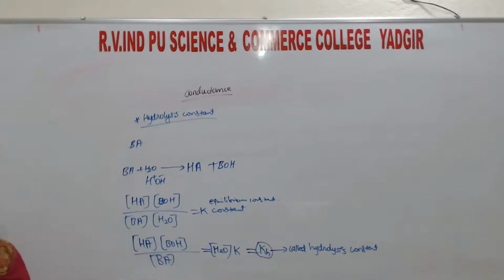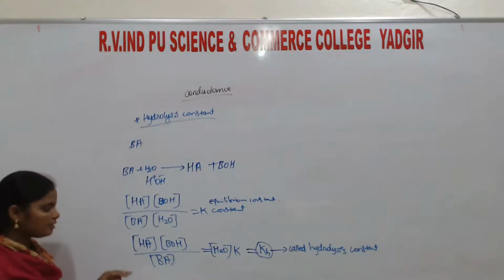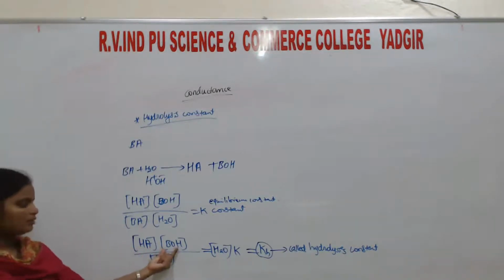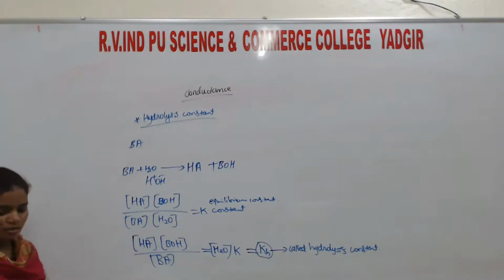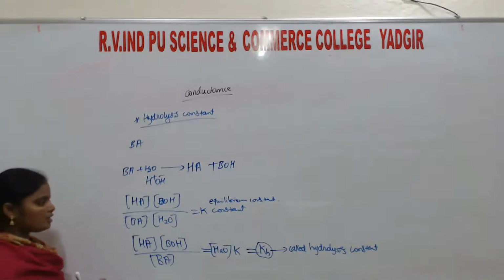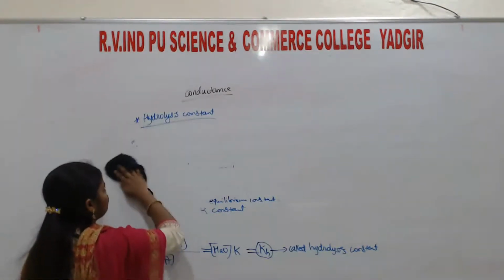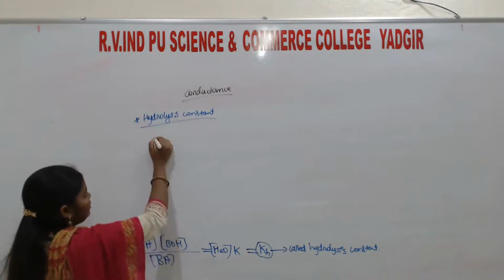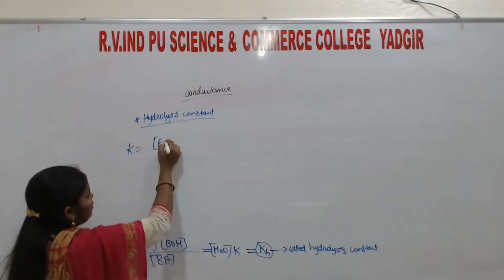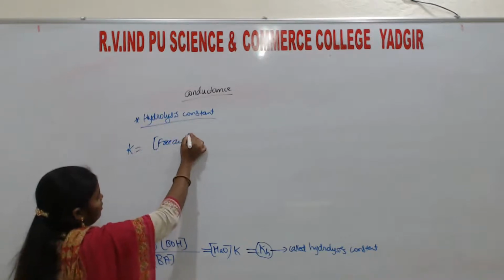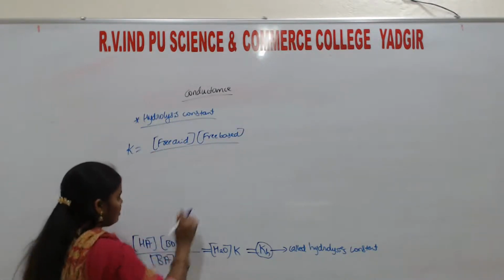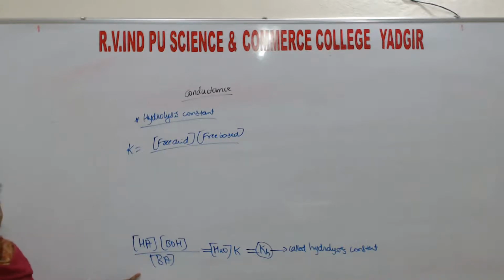The general expression for the hydrolysis constant may be written as KH equals free acid times free base divided by the unhydrolyzed salt.